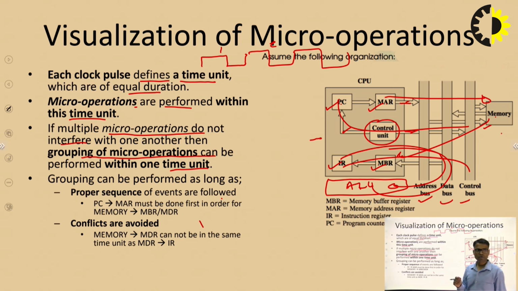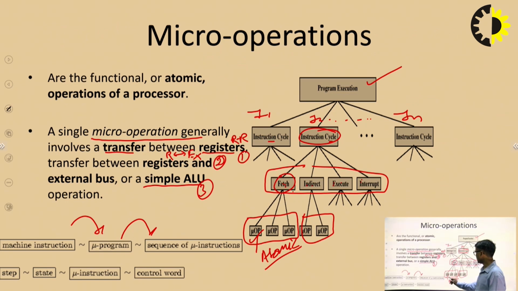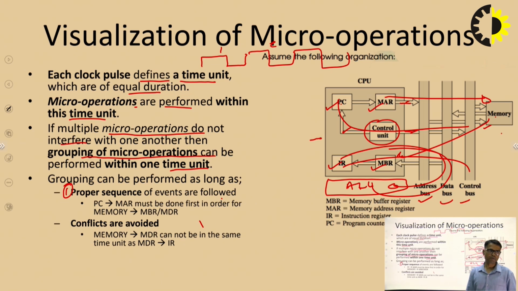Grouping can be performed in two ways. First, we have to ensure that there is a proper sequence of events, that is, the logical sequence of the operation decided at each cycle. It cannot be that this micro operation is done first and then that one second; a proper sequence is required.